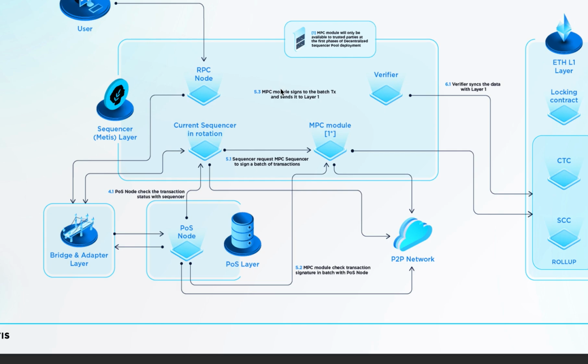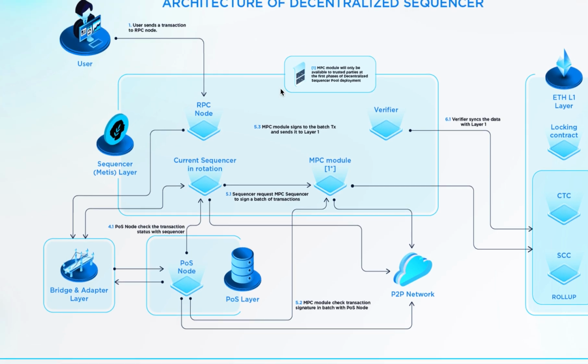And MPC only allows trusted parties in the sequencer pool deployments to sign batches of transactions. MPC adds a layer of security for signing transaction batches before they are posted to layer 1.